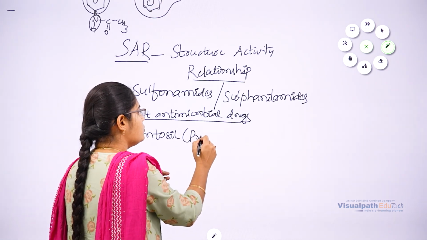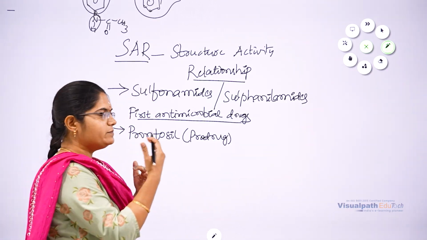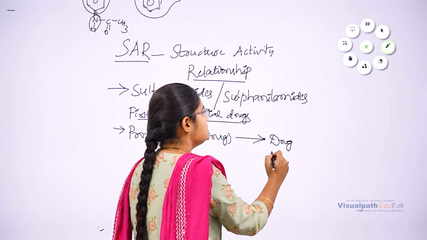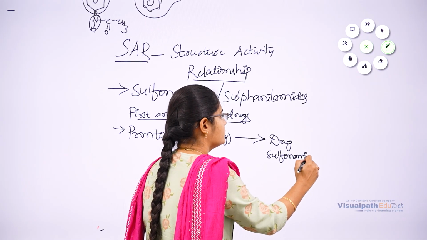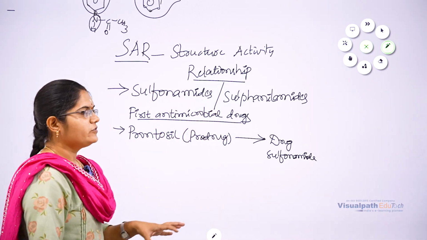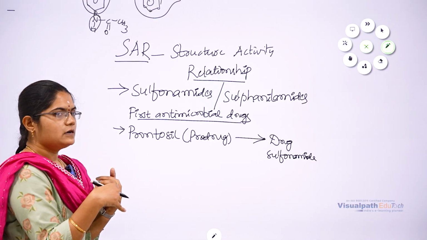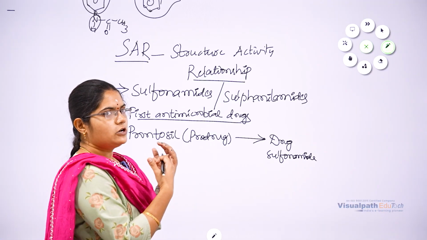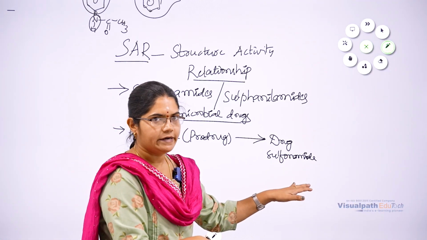So, it will be in the form of a prodrug, which will get metabolized after entering into the body into the drug sulfonamide. This Prontosil, which is in the prodrug form, commercially available in the market as an antibacterial agent, will get metabolized after entering into the body into the main drug, that is sulfonamide, right?